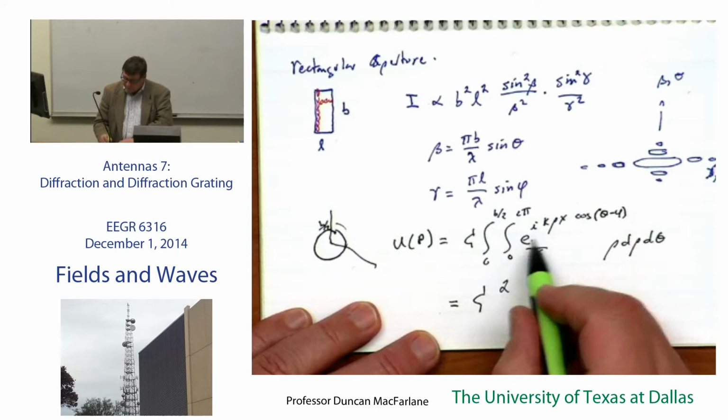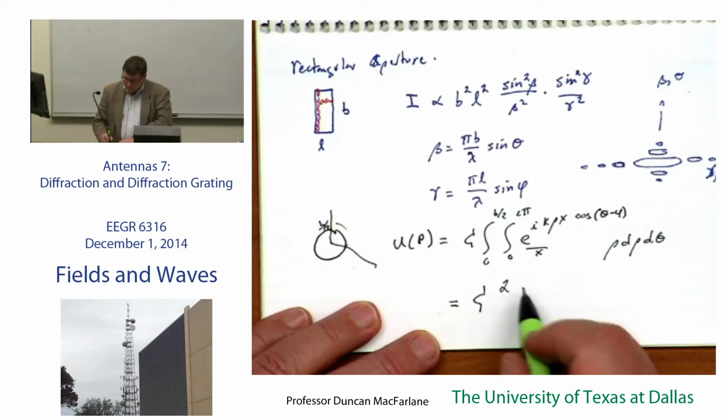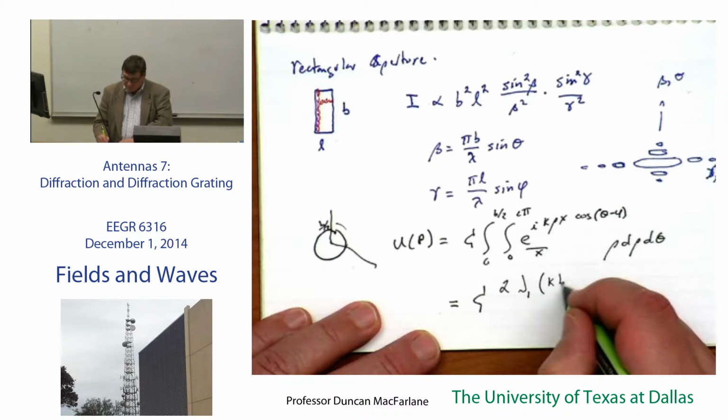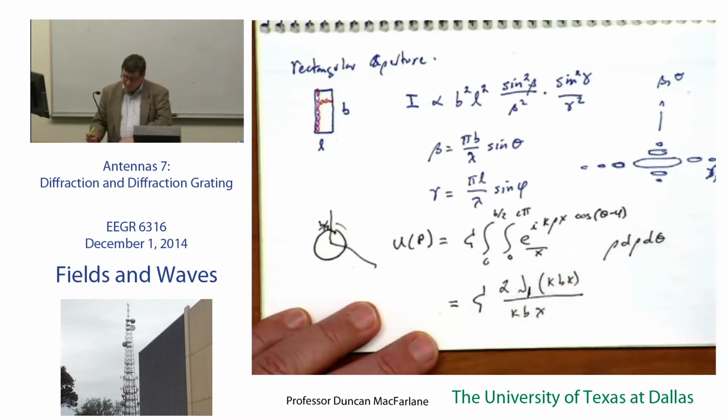Out pops, because of this e to the i cosine of theta, d theta, this begins to look like an FM signal, and so we have Bessel functions that pop out of this particular integral.